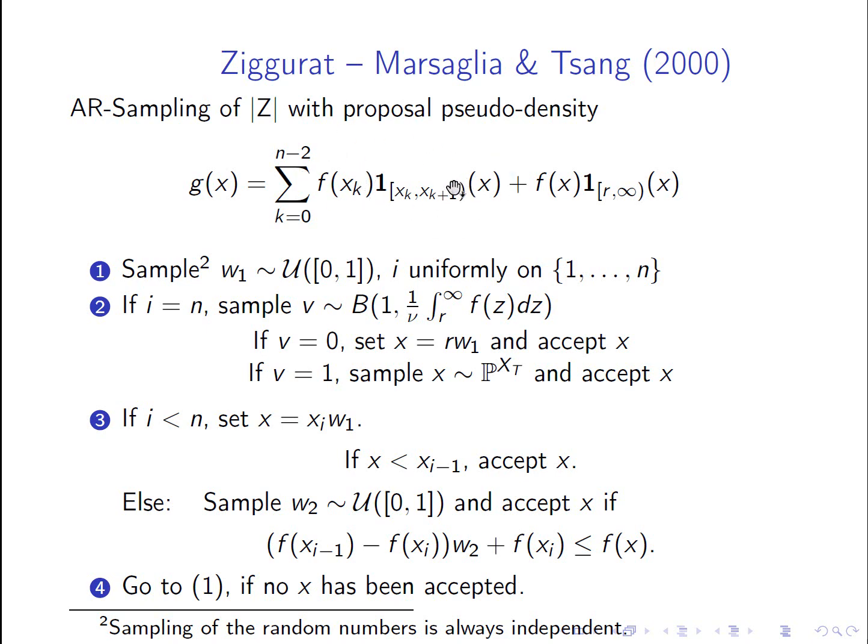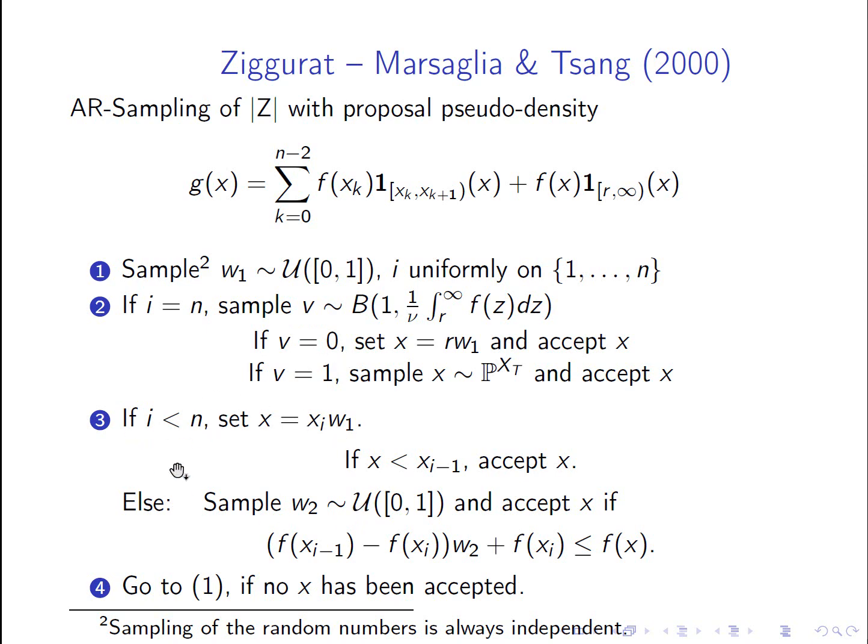The main part of the proposal pseudo-density is as before, but the tail is not cut off directly. So we keep the pseudo-density for the tail here. And then we can pick a set from R1 to Rn in this way, by just sampling the index I uniformly on 1 to n. And then we have to look at the case I equal to n in more detail.